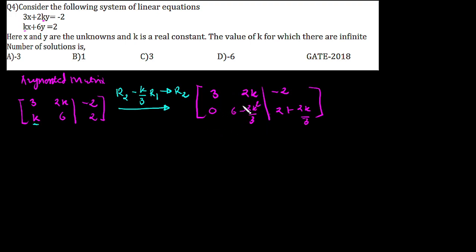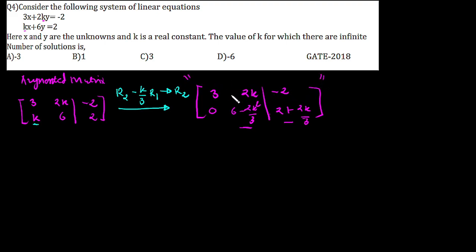So now if you see, if this entry and this entry both simultaneously are 0, then this matrix has one row as non-zero and the second row is all 0, 0. So we can say the rank of the coefficient matrix and the rank of the augmented matrix will be equal, and which is less than 2, and here the 2 is the number of unknowns. So I can say this matrix must have rank 1.